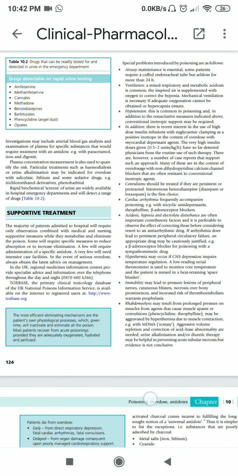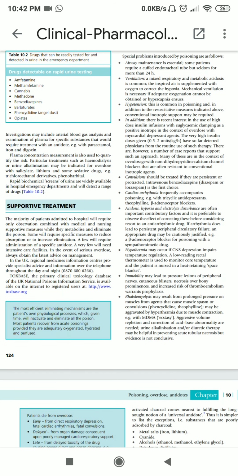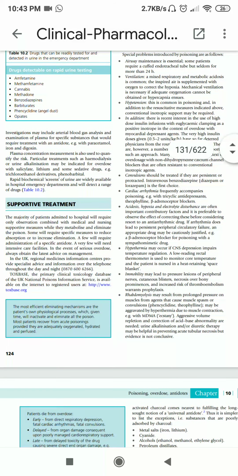So after finding out the toxic substance, the poison that the person has taken, the overdose, they should inform the medicinal information center. Here they have given the contact number. There must also be an Indian system where these things are going on, so you can find out.